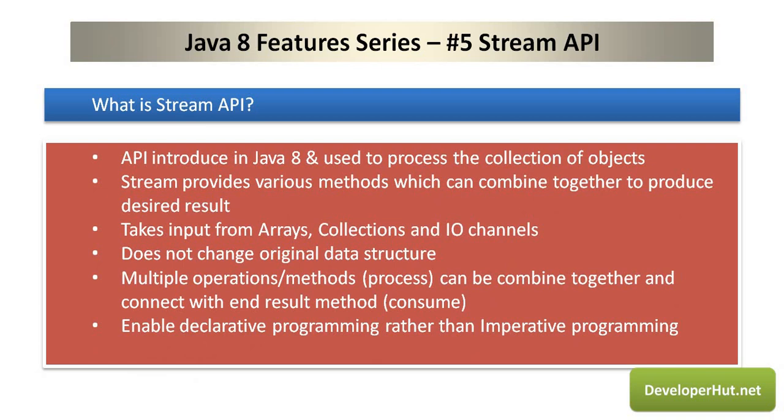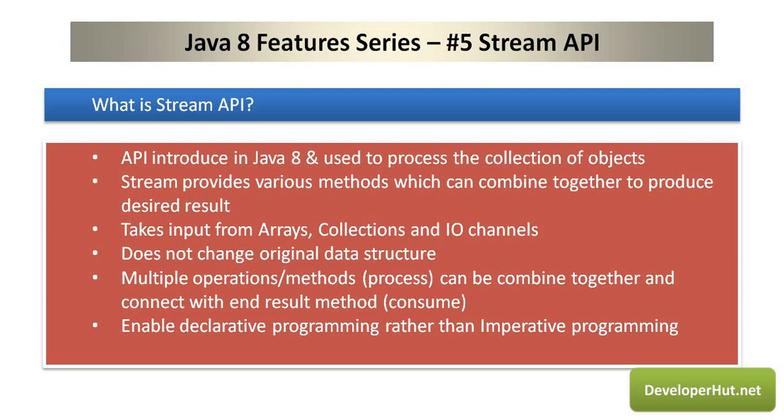It's an API which was introduced in Java 8 and is used to process a collection of objects. The Stream API is added exclusively for the collection framework, and it works with collections extensively and in a very good way.